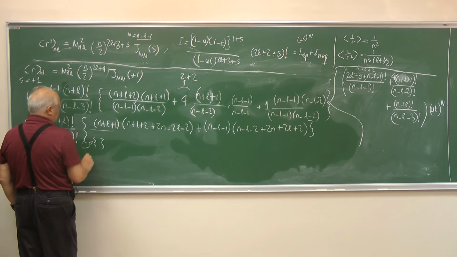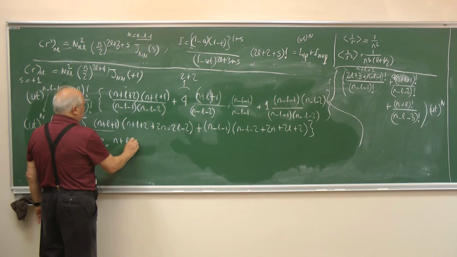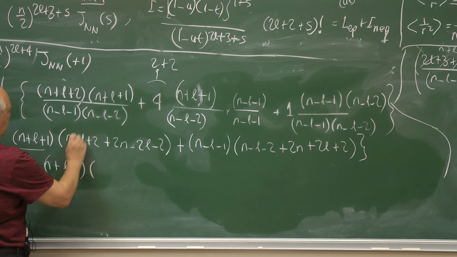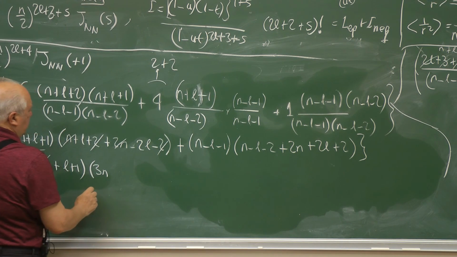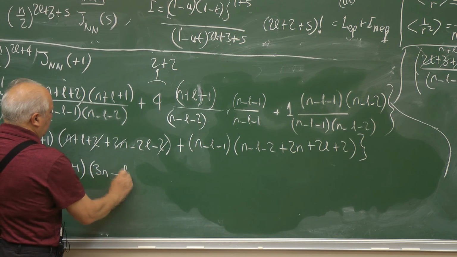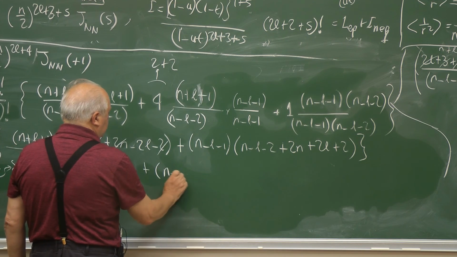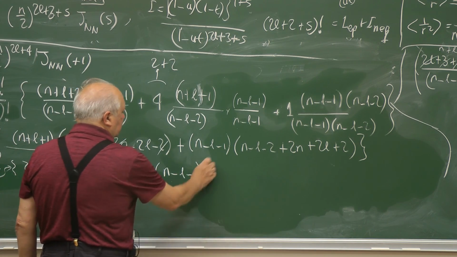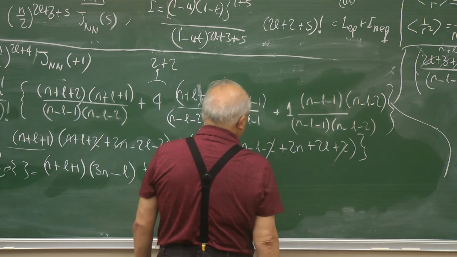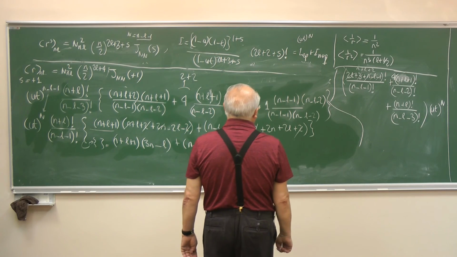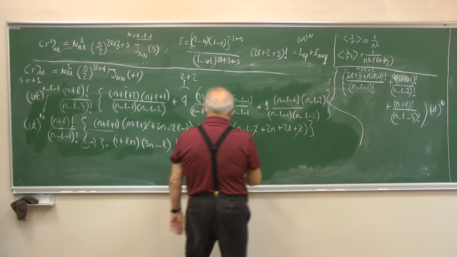This parenthesis is equal to n plus L plus 1 times 3n, the 2's cancelled, minus L, plus n minus L minus 1 times 3n, the 2's cancelled, minus L plus 2L plus L.